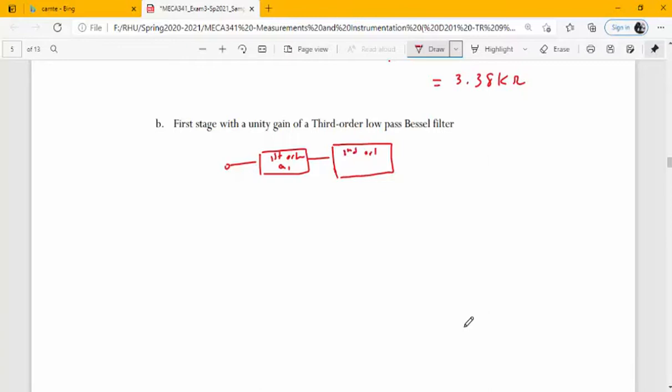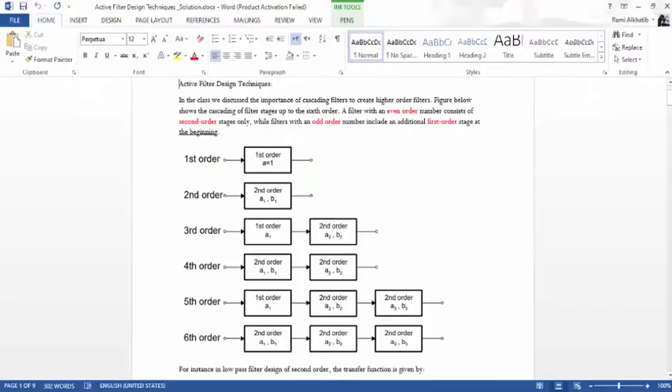Okay, and we need to determine A1, B1, okay, because of the polynomial of second order. Now we are asked only to find or design the first portion, the first stage of the third order low pass filter. Remember that we discussed inside the classroom, in order to design first order, we are given this one, okay?